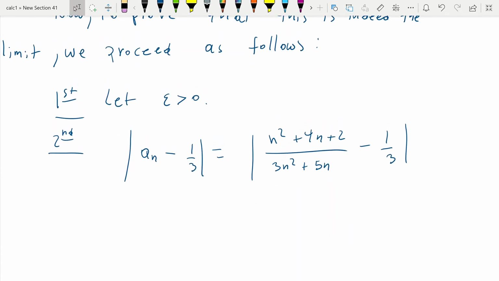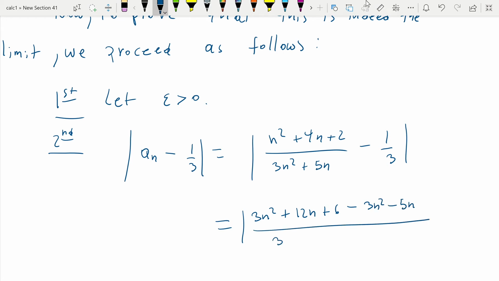Then we can write this as a single fraction, and we get here 3n squared plus 12n plus 6 minus 3n squared minus 5n, all of that divided by 3 times 3n squared plus 5n.